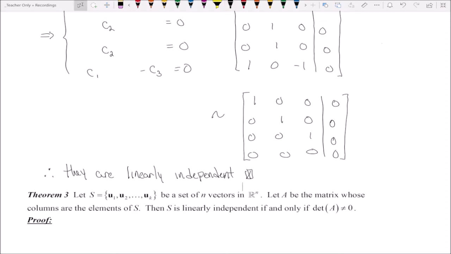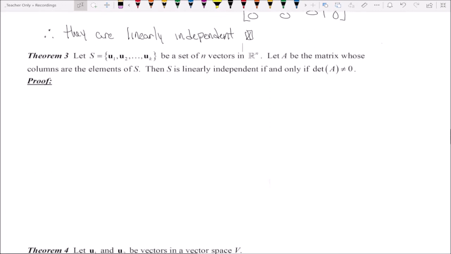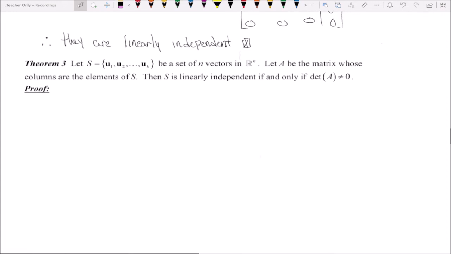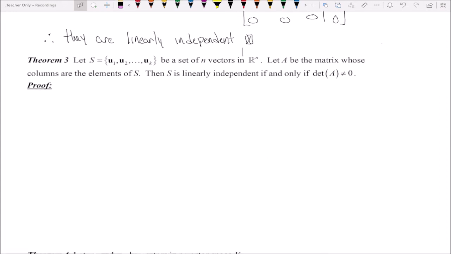Now if we let S be a set of n vectors in Rn, and we let A be the matrix whose columns are the elements of S, then S is linearly independent if and only if the determinant of A is non-zero. Right, so let's first suppose that S is linearly independent.